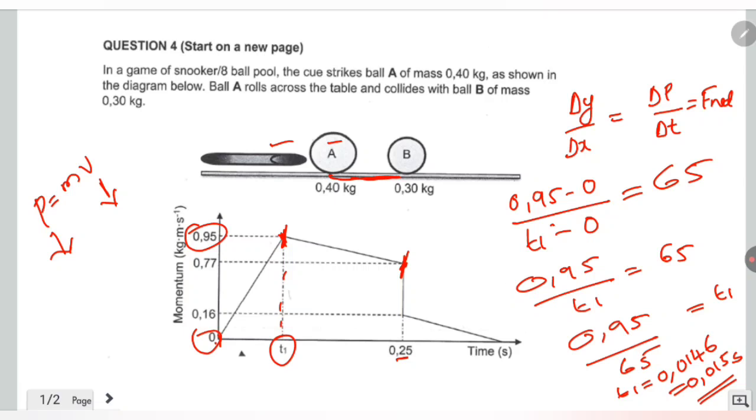So that is what you need to explain. Between t1 and 0,25 there is a decrease in momentum of ball A. That means the velocity of the ball decreases, which shows that there is friction. That is the answer for the second question.